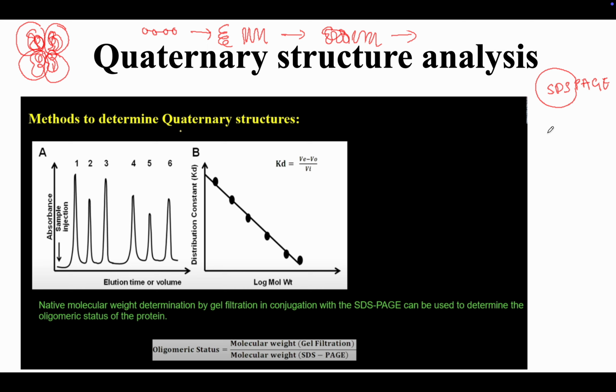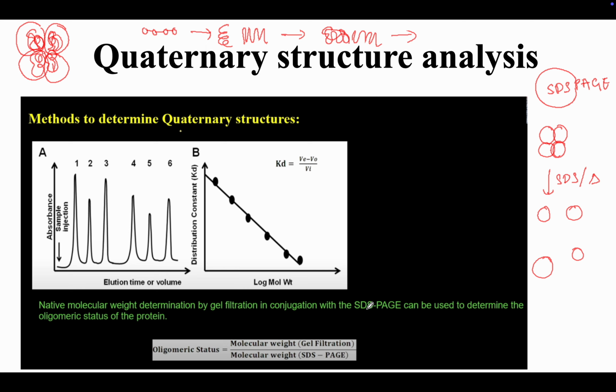If we have a quaternary protein, suppose a 4-unit quaternary protein, in the presence of SDS and heat, we need to heat it in order to get it denatured, this quaternary structure will get denatured into different subunits.